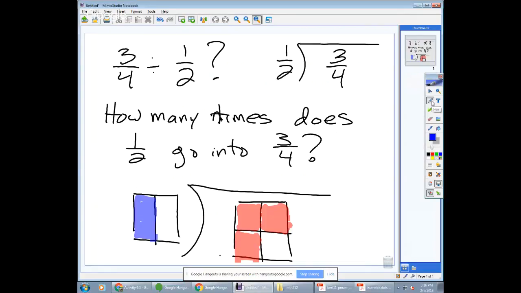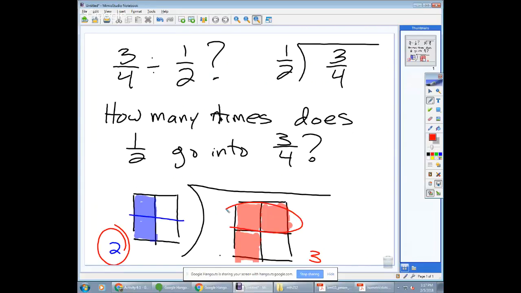The next problem is they're not cut the same way, so I have to make the pieces alike so I can do accounting. I can cut that 1/2 in half, and now I have quarters. So I have 2 things over here and 3 things over there. I'm looking for groups of 2. Are there any groups of 2 where I'm looking?